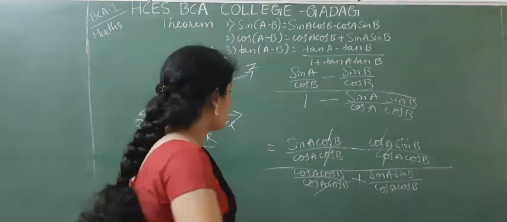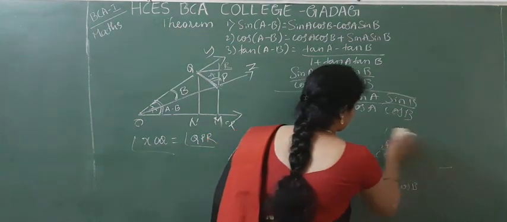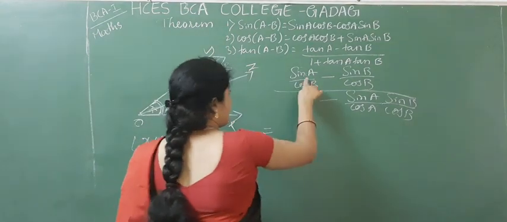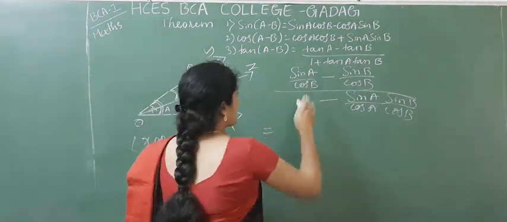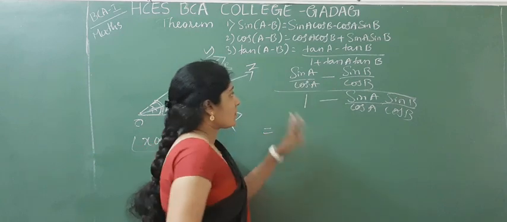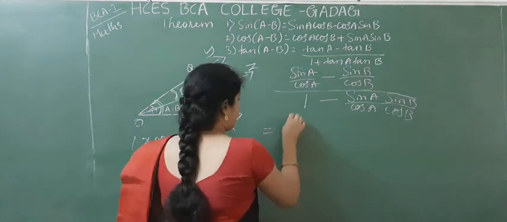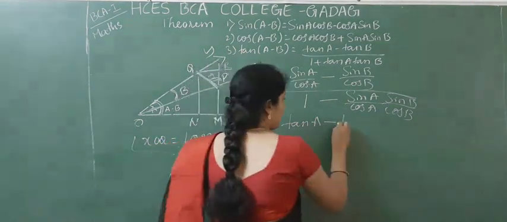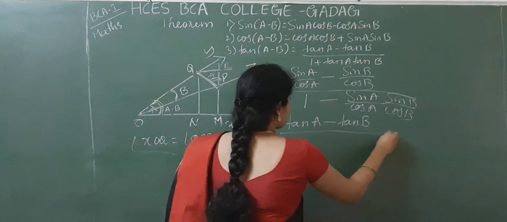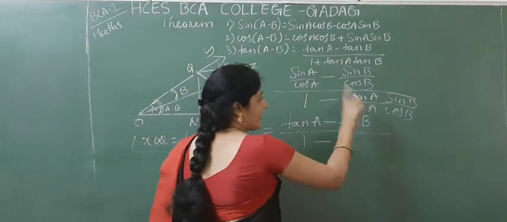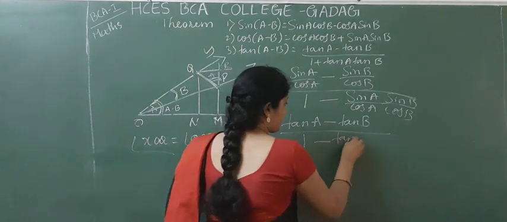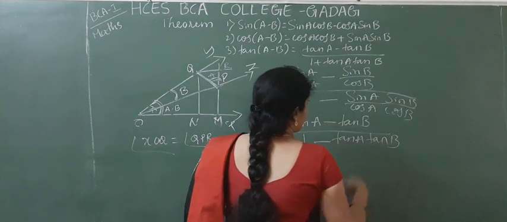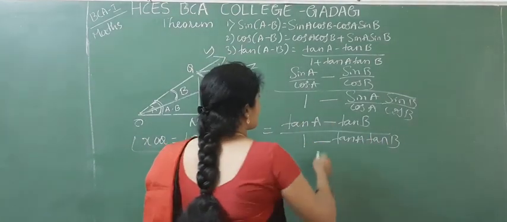Now the final answer. So what is the final answer now? See, sin A by cos A means tan A minus sin B by cos B means tan B, divided by 1 plus sin A by cos A, tan A, sin B by cos B, tan B. Okay, so which one is this one, is positive, right?